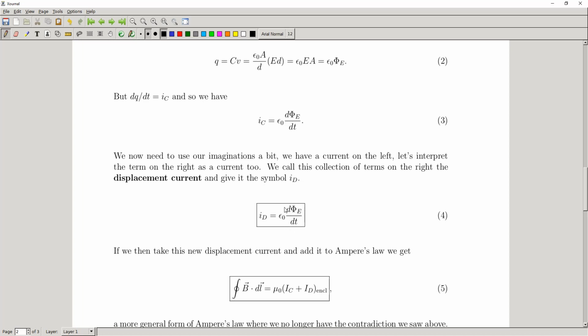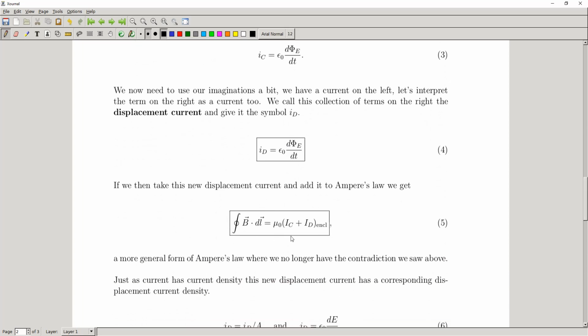So we've defined this new displacement current, and if we now add it back into Ampere's law in the way that we see down here, we get this more general form of Ampere's law. Really, everything that we see here is still just I enclosed, but we've broken up I enclosed into what we normally think of as current, our conduction current, the current running down the wire, but it now also includes this displacement current, this current that we can think of as the electric flux changing in time.